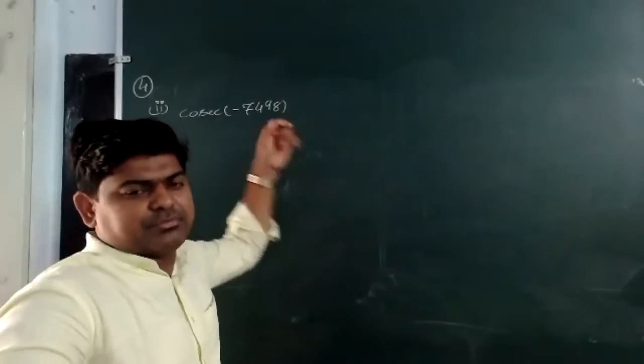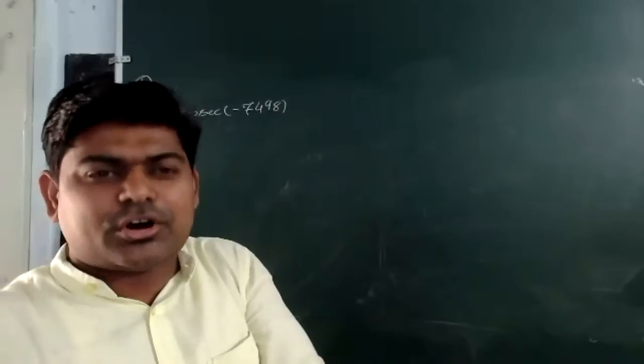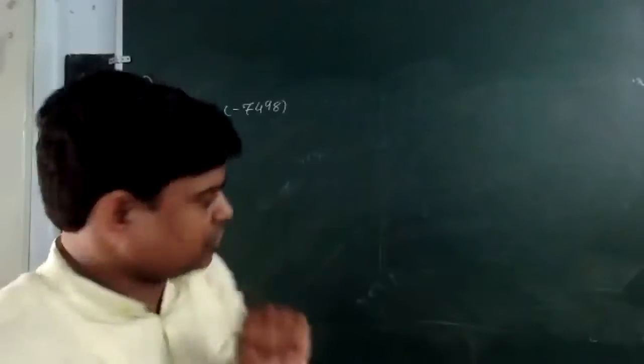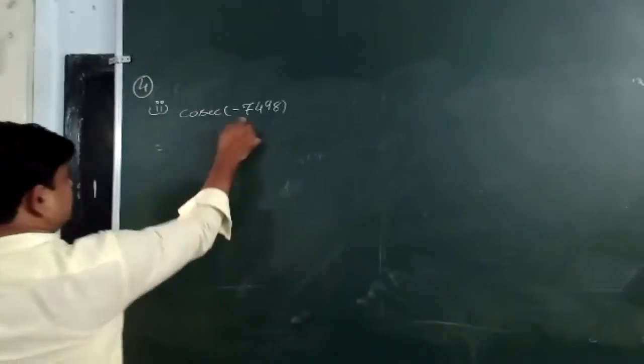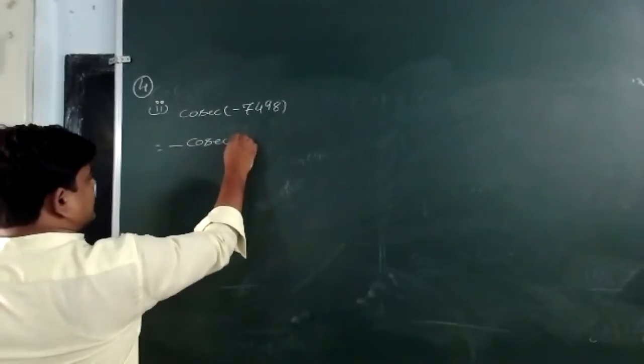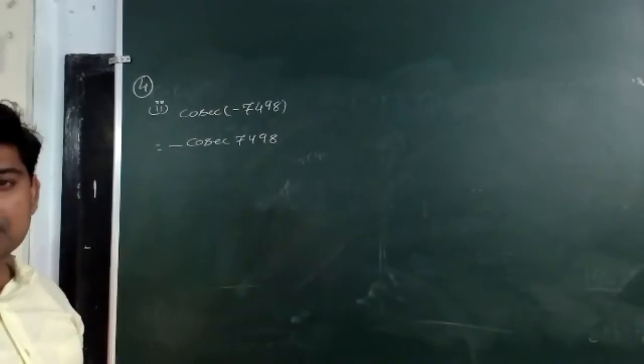It means it may be 42, 43, 41 or 1, 2, 3, anything less than 45. Now tell me one thing. First, the minus can come outside or not? Say yes or no.